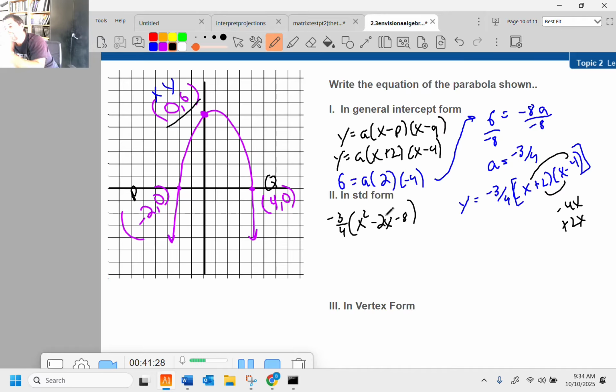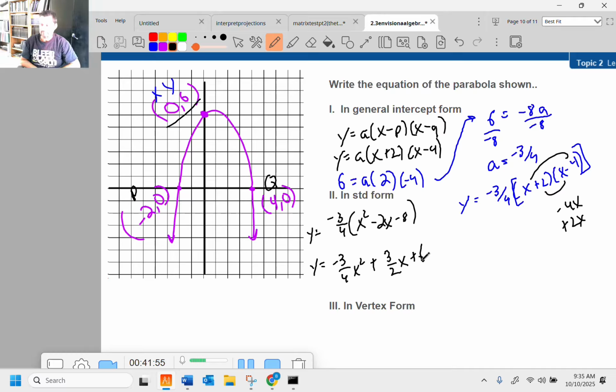And I'm going to distribute the negative 3/4. That'd be negative 3/4 of x squared. A negative times a negative is a positive. 3 times 2 is 6. Sorry, 6 over 4 is 3/2. Negative times negative is positive. 3 times 8 is what? 24, right? 24 divided by 4 is 6.